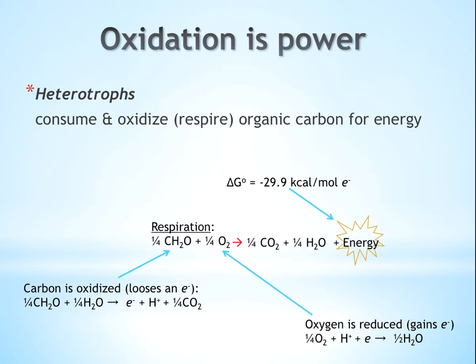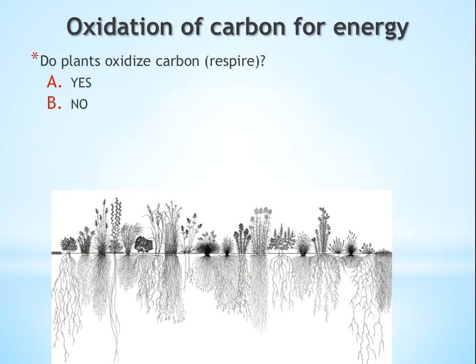Okay, so heterotrophs, which is what we are, consume and oxidize or respire organic carbon for energy. So we have to eat our carbon to get it. Here is a thought question for you. Do plants oxidize carbon or do they respire? You can pause and think about that.